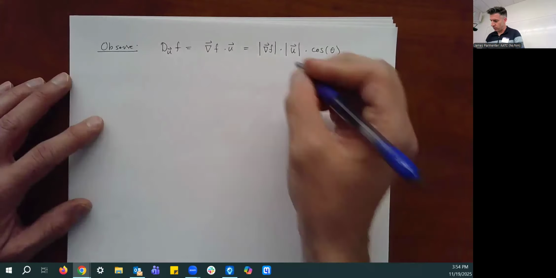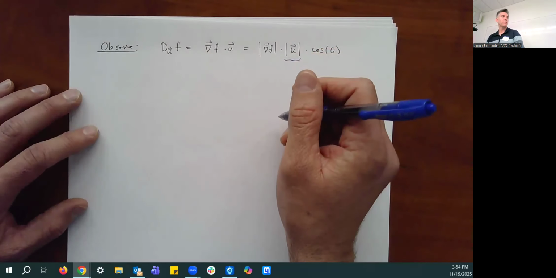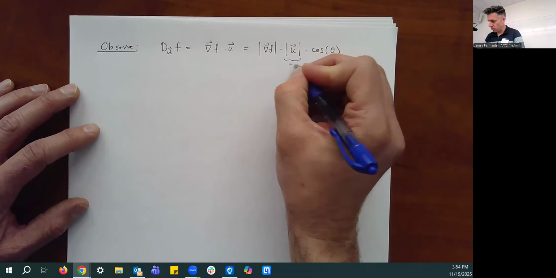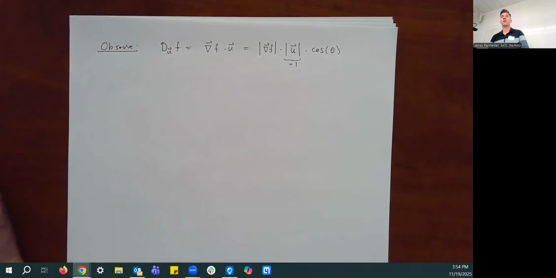What's the magnitude of this vector u? It's got to equal 1 because it's a unit vector.